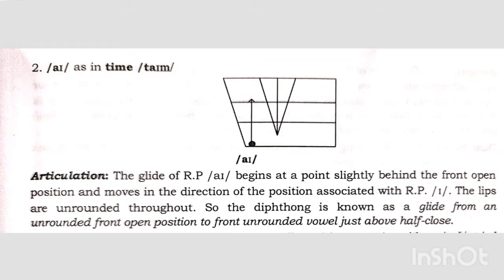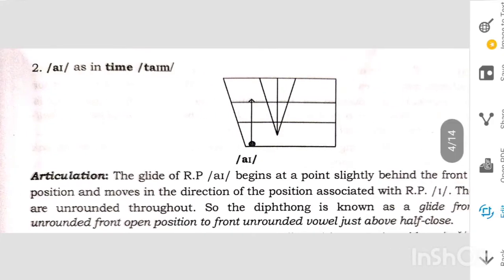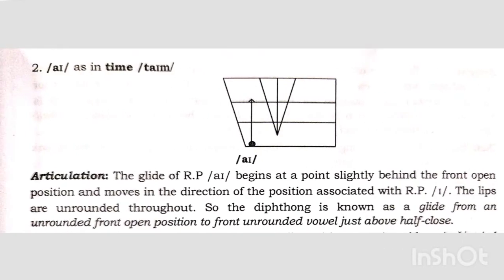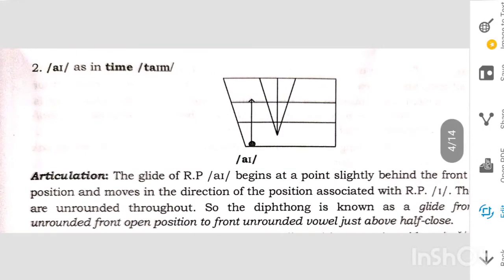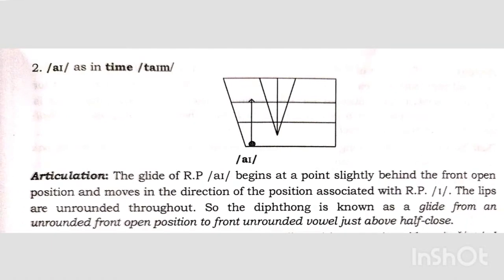So here in the articulation, the glide of RP, received pronunciation diphthong I, begins at a point slightly behind the front open position, and moves in the direction of the position associated with RP E. Here is the position of E. The lips are unrounded throughout time.